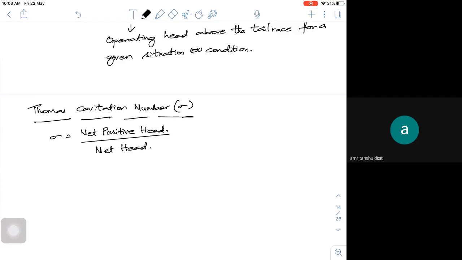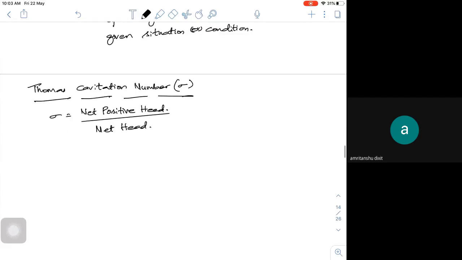So if I write it, this will be PA by rho g minus Z minus PV by rho g, divided by H. This is your regular Thoma cavitation number.